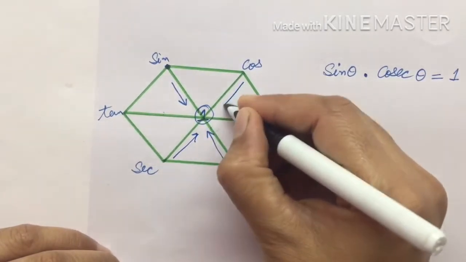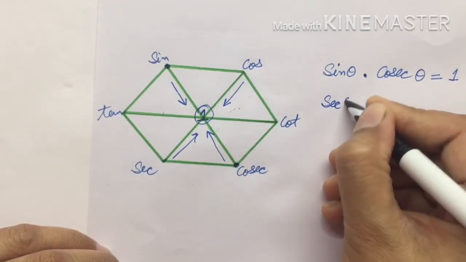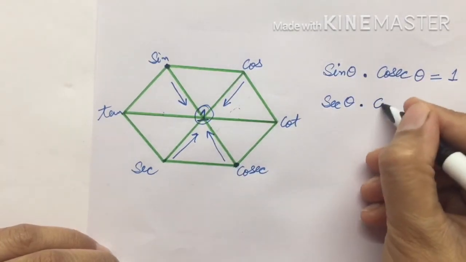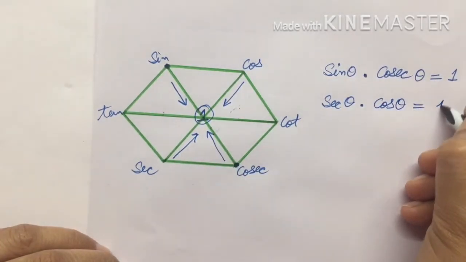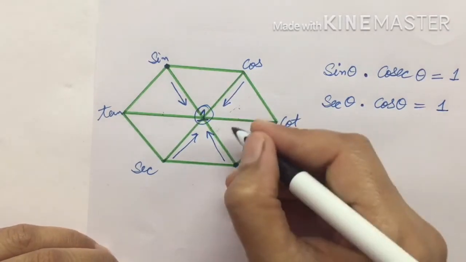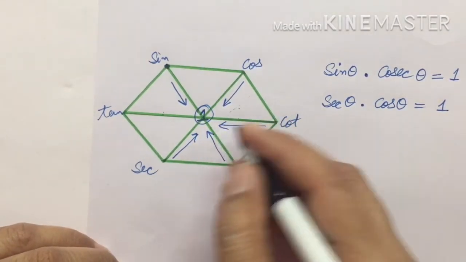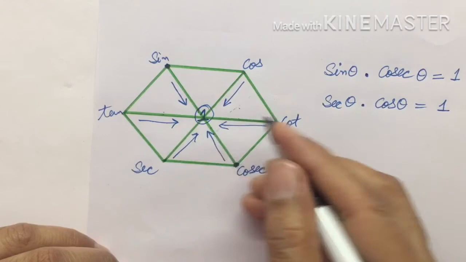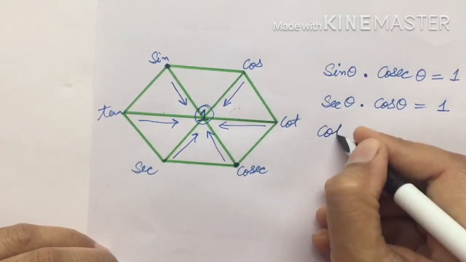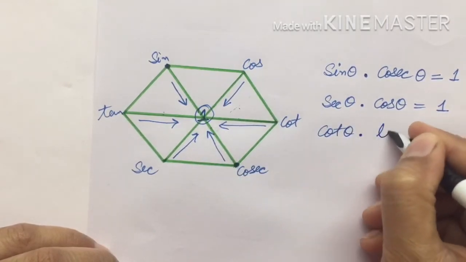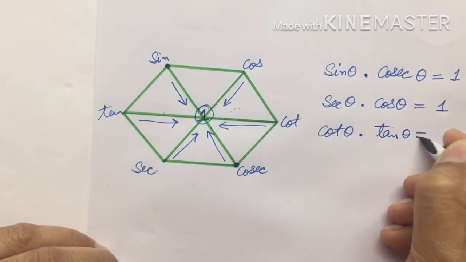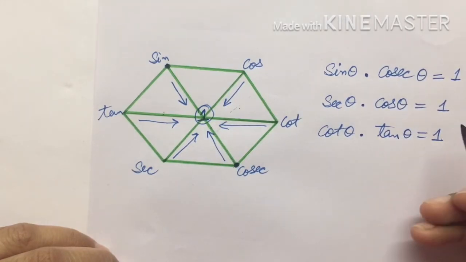Secant theta multiplied by cos theta is equal to 1. And like this, cot theta, opposite of that is tan theta, so cot theta multiplied by tan theta is equal to 1.